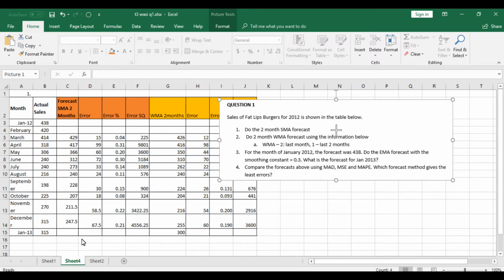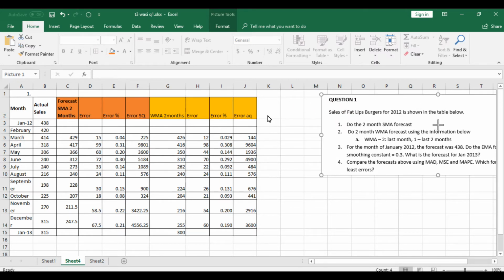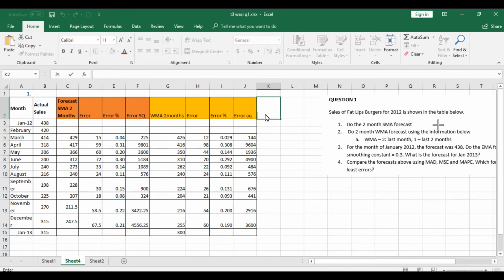In order to get the forecast for January 2013, we have to find forecast for the previous months also. So we must need a forecast for the very first period in exponential moving average, which is 2 months, and the alpha is 0.3.